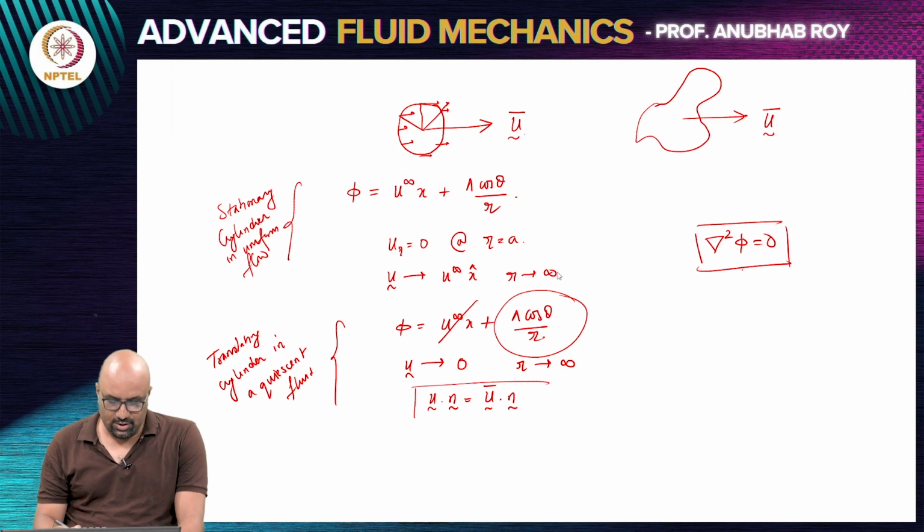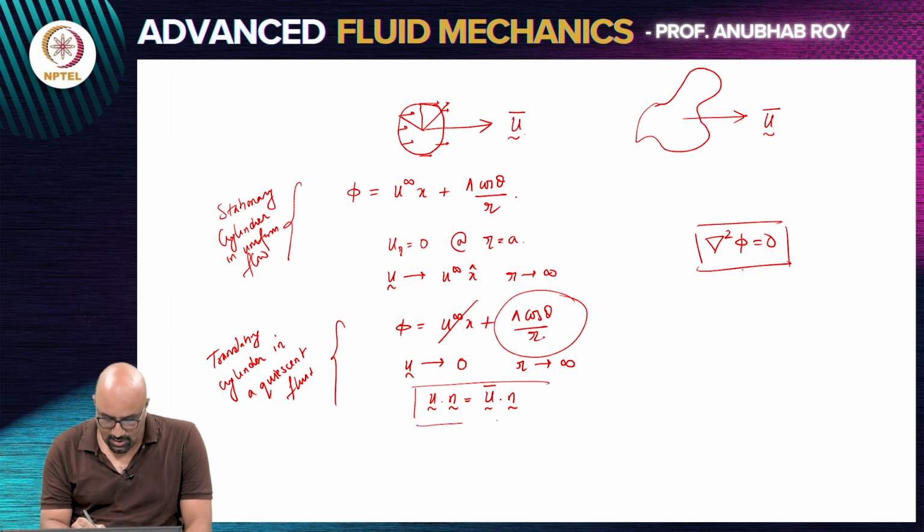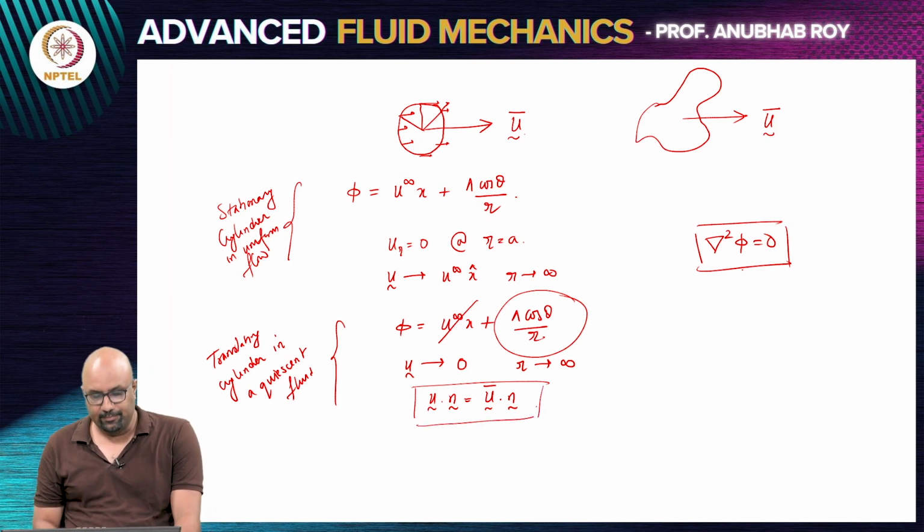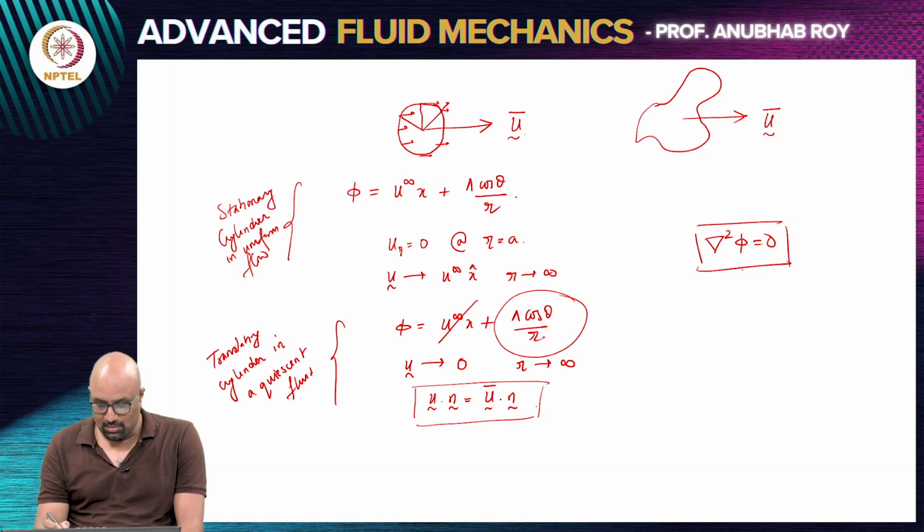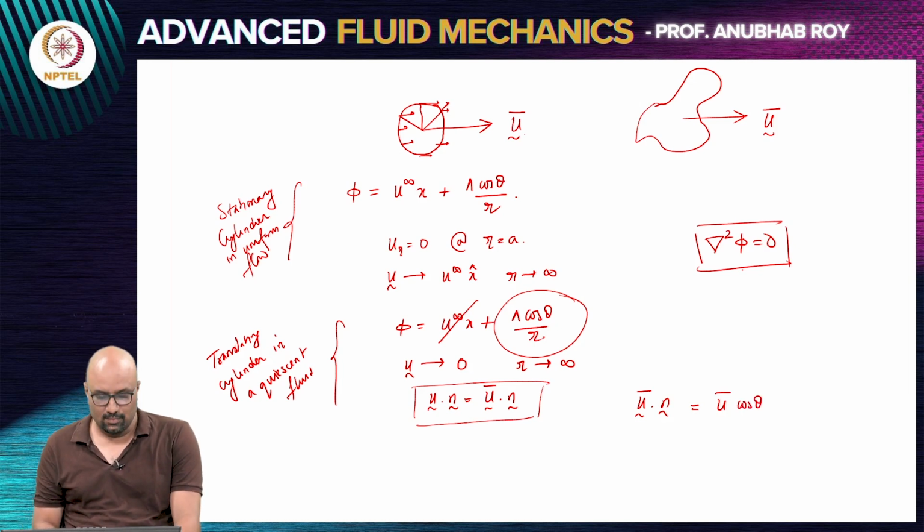So, the boundary condition that we arrive at is u dot n is equal to u bar dot n at r equals a. So, now if I write this down in terms, because u bar dot n, the body is moving in the x direction. So, this is going to be u bar cos theta, right.